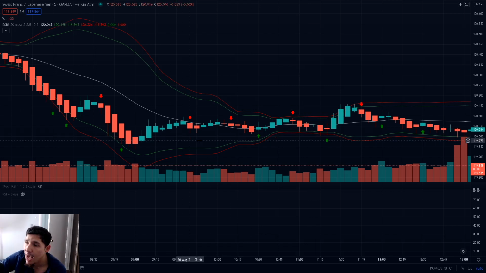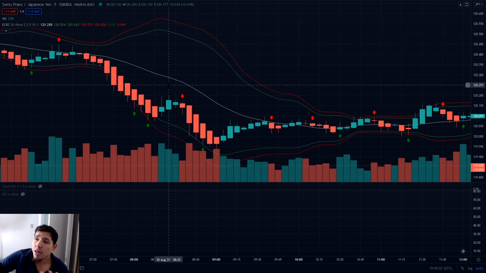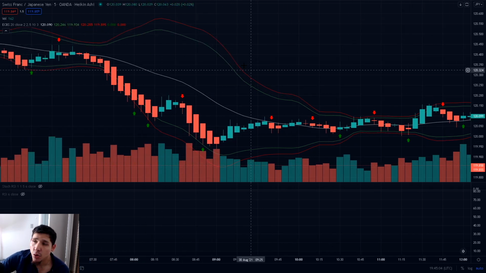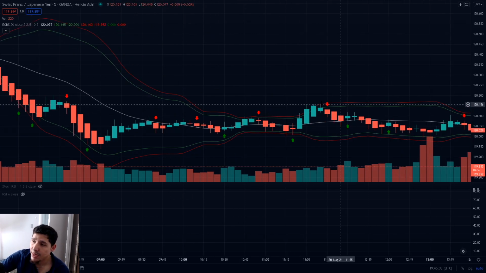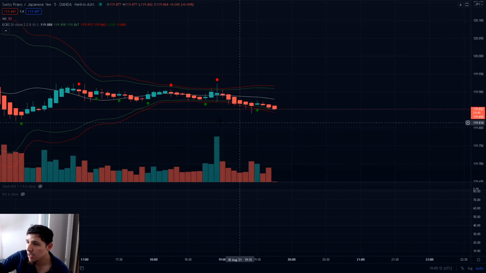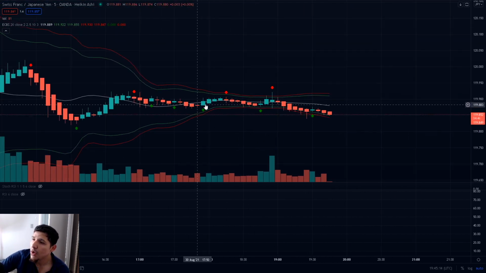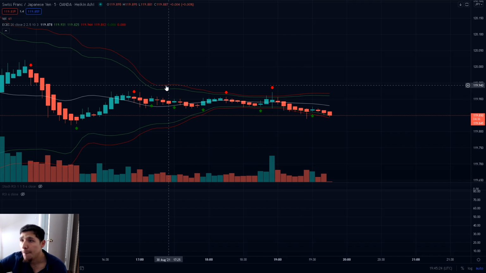You don't know what's going to happen. It's consolidating. So what you want to look for is a Bollinger Band that's like this wide, where there's a lot of space for it. You guys can see, look at this right here. Right now it's consolidating. So I would not go in for any trades. I would just wait and let it play out. That is one thing you guys have to look out for in a Bollinger Band.